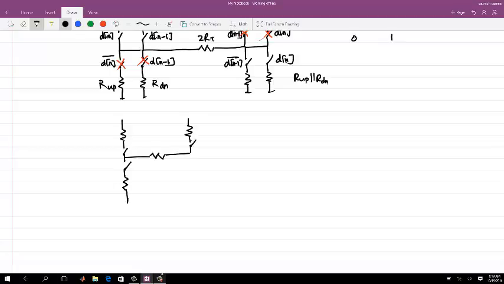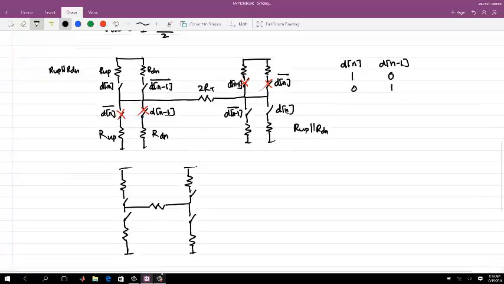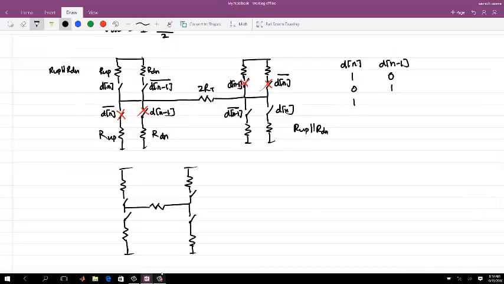Okay, so this is for the case when D of n is equal to 1 and D of n minus 1 is 1. So if you look at the above figure, only R up is on, switch is on, right? R down will not be on the top side. R down will be on the bottom side.